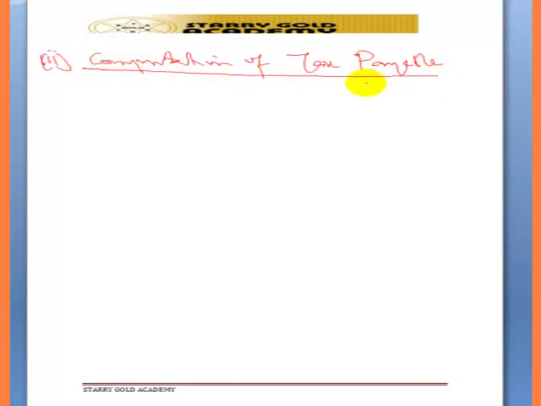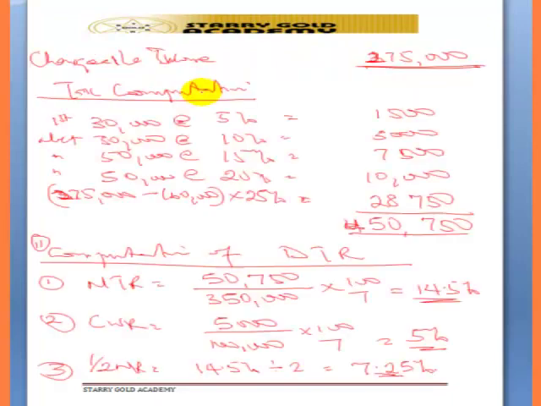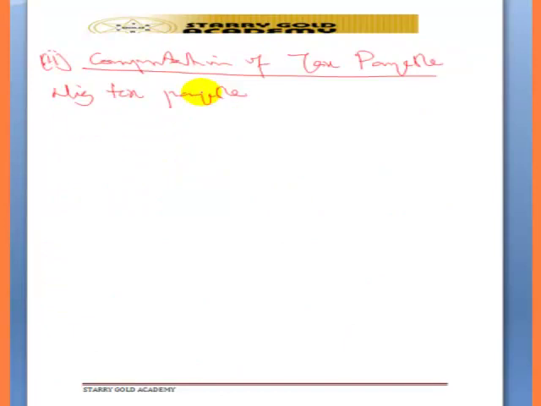Roman figure 3. Computation of tax payable. Nigerian tax payable as computed here, that is 50,750.